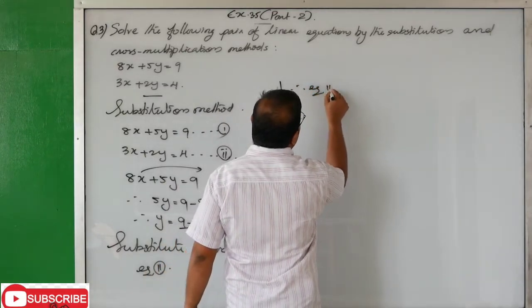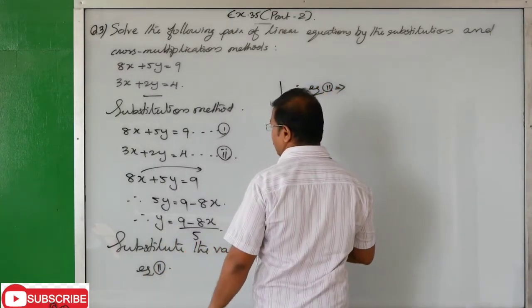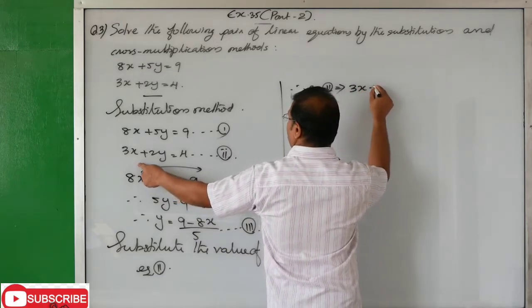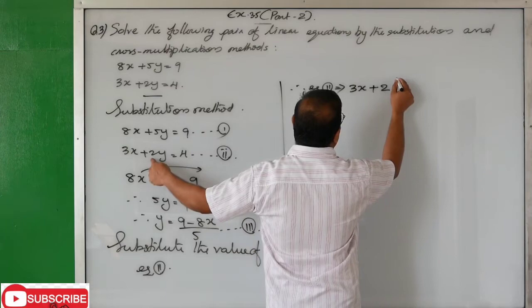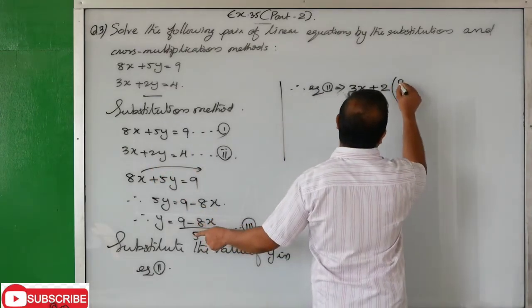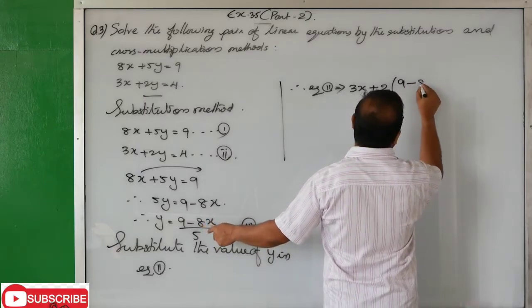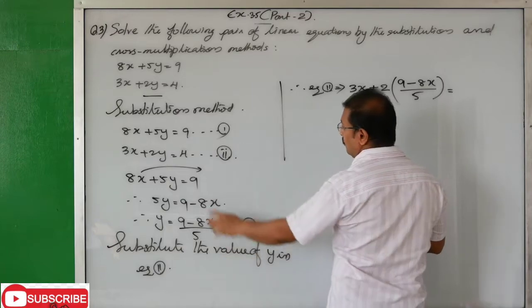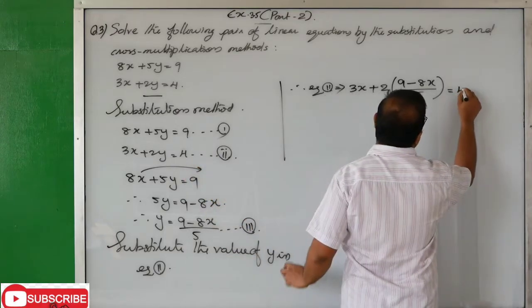Therefore, equation 2 implies, what is the second equation? 3x plus 2y. In place of y, we will write the value of y. Third equation, what is that? (9 minus 8x) divided by 5 equals 4.